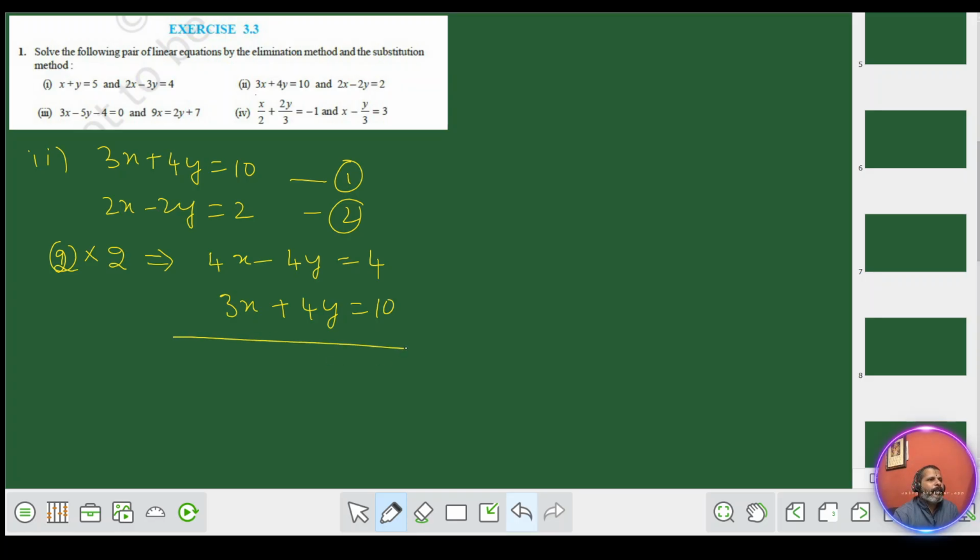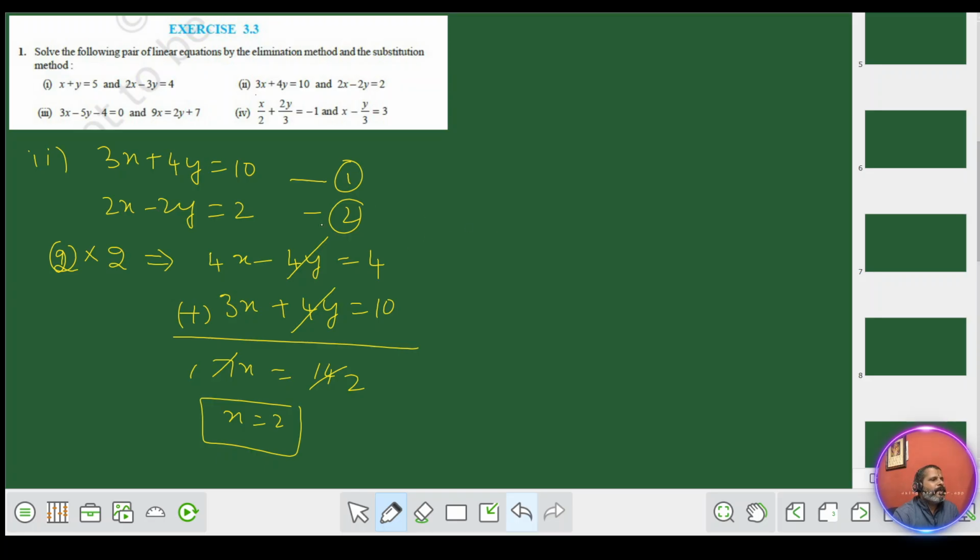If you observe, when we add these, the y term gets cancelled. So we just write the addition operation here. 4x plus 3x is 7x. 4 plus 10 is 14. 7 ones are 7, 7 twos are 14, x is equal to 2. Okay.